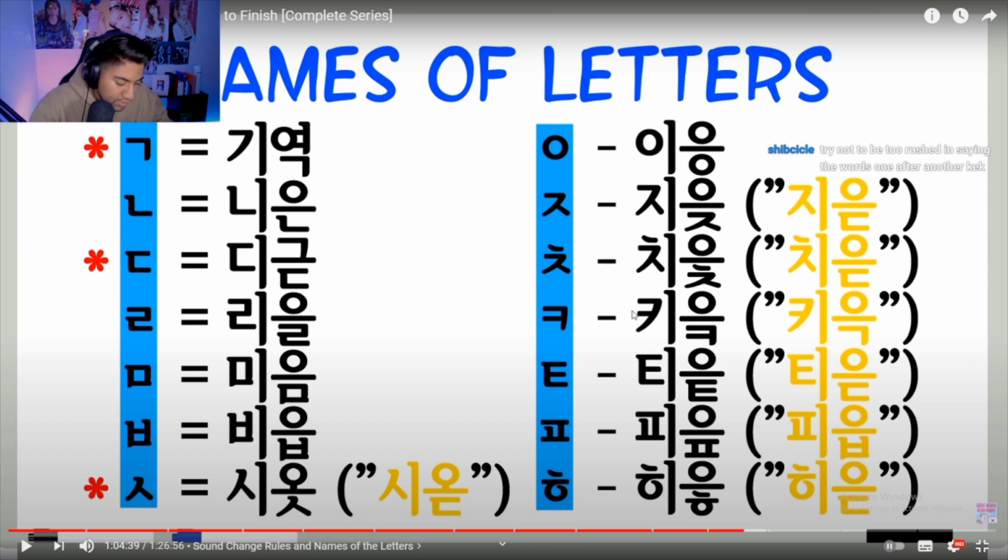At least I have to remember which ones end in the th sound and which ones end just in a softer version. I think it's only ka, kyug, and pyub. Those are the only ones that end in a softer version of themselves. But the rest of them, wait. Kyug. But no, that's not it either, because ga ends in ga.